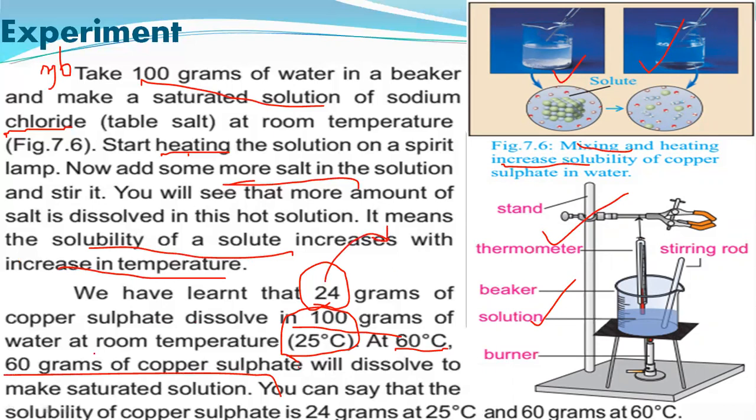It means that solubility of that solute will be increased, means we can add more solute to the water to make the solution when we increase the temperature. Yes, so we can say that solubility of copper sulfate is 24 grams at 25 degree centigrade and 60 grams at 60 degree centigrade.